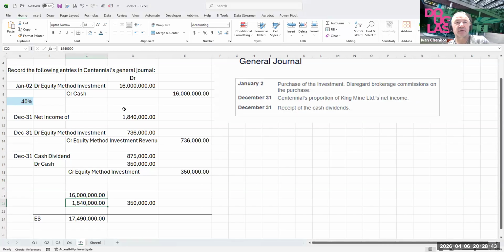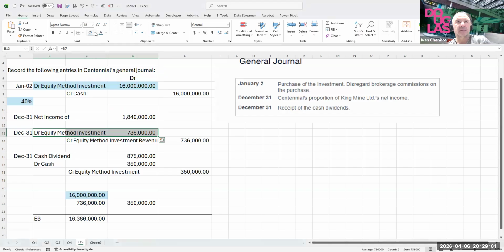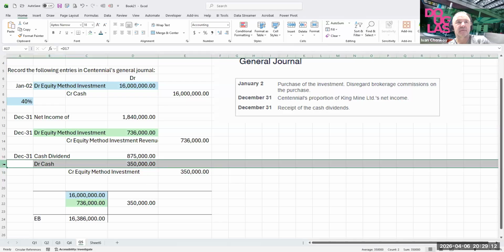That shouldn't be the amount of the net income, it should be only the amount that we're debiting. So let's highlight it. First debit comes from here. That's your blue. Second debit comes from here. That's your green. That's your green again. And the last one, the credit, comes from right here.